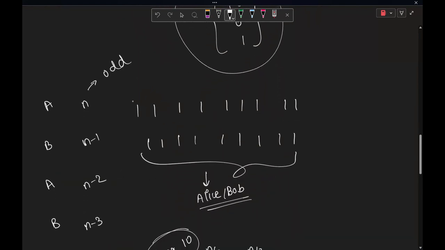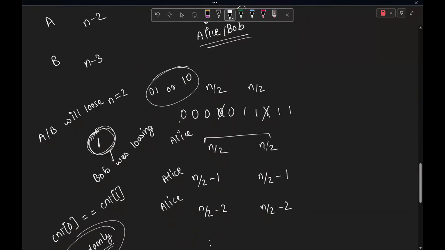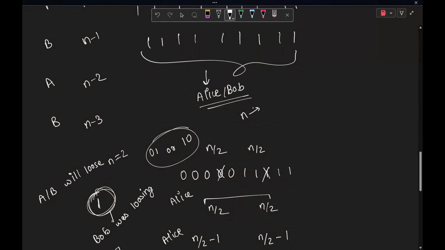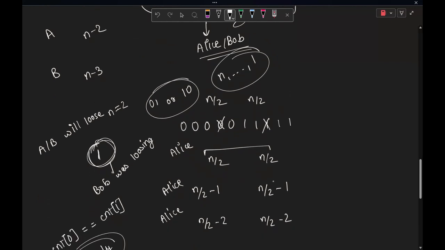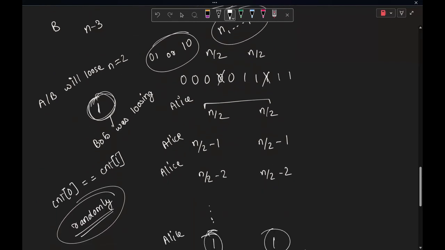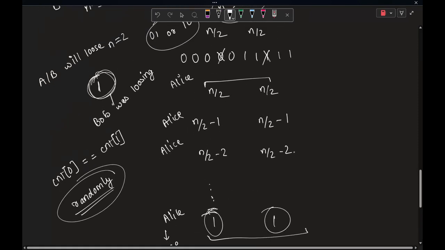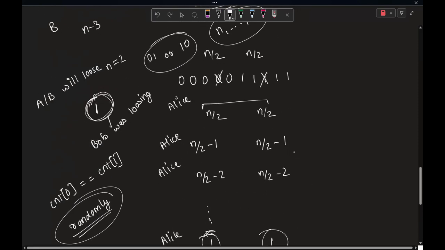If the game goes from length n till 1, then depending upon whether n is even or odd, a player will win. And if all the characters in the string are equal, then the person having the turn will lose at the end.